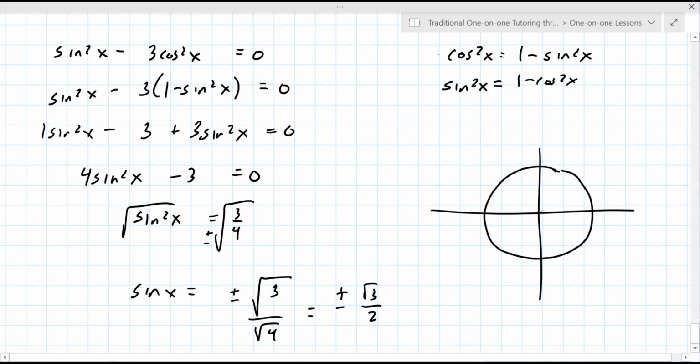So that's here and here: pi over 3, 2 pi over 3. And then negative square root of 3 over 2, that's here and here. These actually end up being multiples of each other: 4 pi over 3, 5 pi over 3.